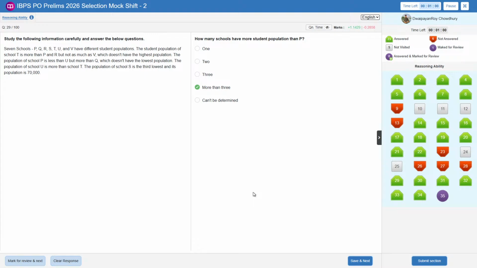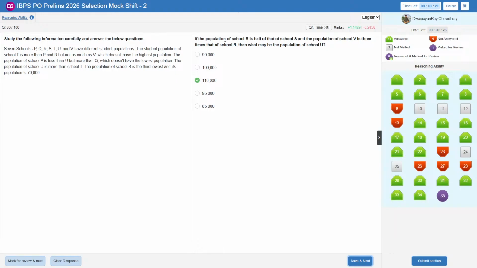So U, V were slotted, then T, then S, then P. U, V, T, S. So P more than S, and then no, S, Q, R, S. P, Q, and R. So then again, I have 4 more than P.